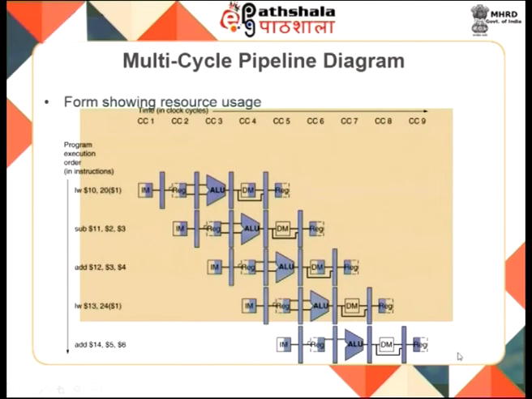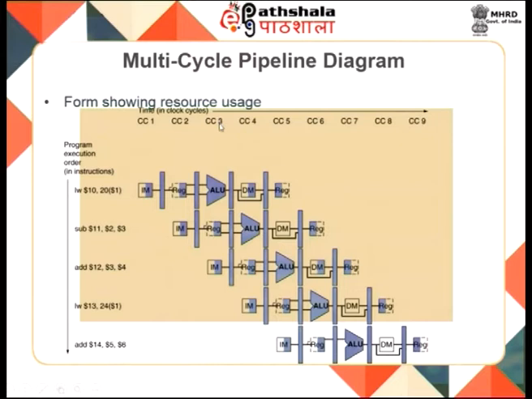If you are looking at a multi-cycle pipeline diagram, this shows what happens during the multiple clock cycles of your execution. This basically shows you what resources are being active. In clock cycle 1, you have the instruction fetch happening. In clock cycle 2, you have the instruction fetch of the second instruction and the decode of the first instruction happening.